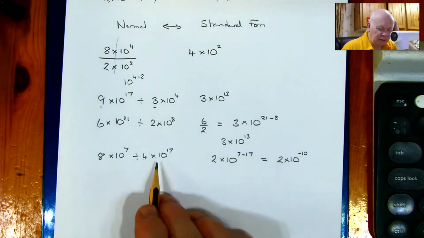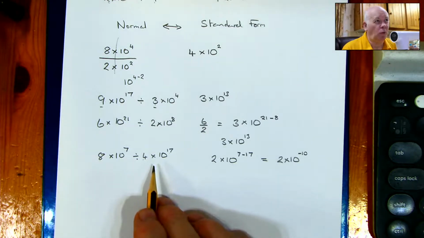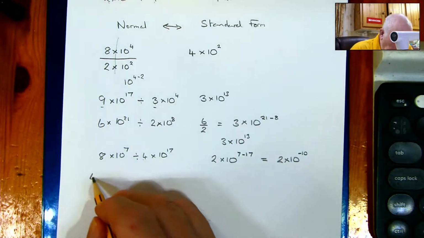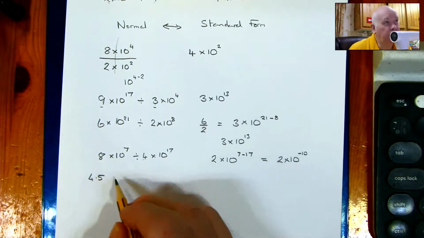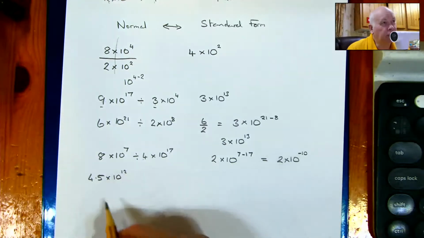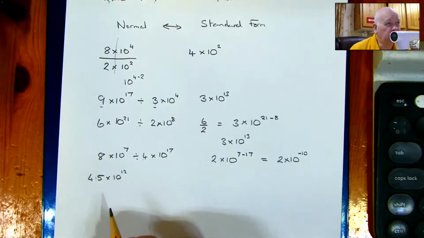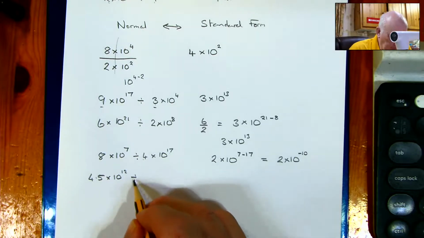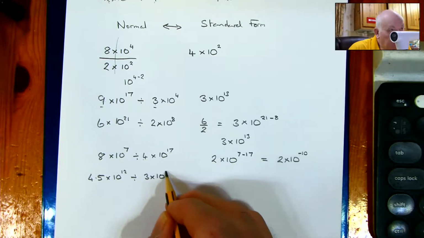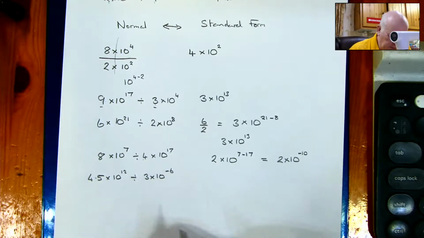Let's do another one which is awkward. Let's take a number, probably a more typical sort of sum that you get, which is 4.5 times 10 to the 12, and we're going to divide this by 3 times 10 to the minus 6.